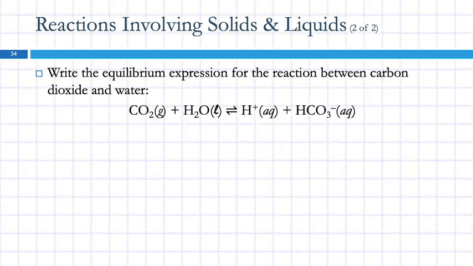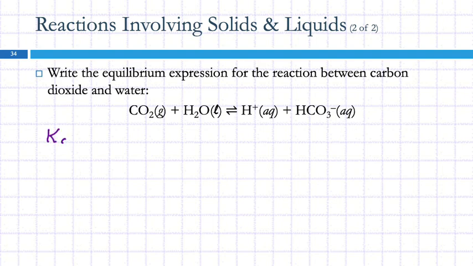Okay, so this is where writing equilibrium expressions is going to get a little bit trickier. And we need to start paying attention to those phase symbols. Write the equilibrium expression for the reaction between carbon dioxide and water. Unless they say Kp, we're just going to do Kc, especially since we've got some aqueous things here and partial pressures don't work for that.